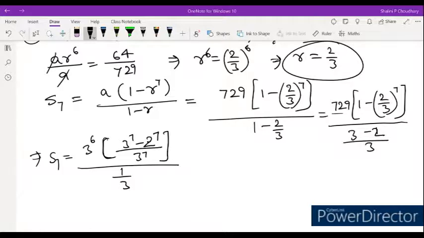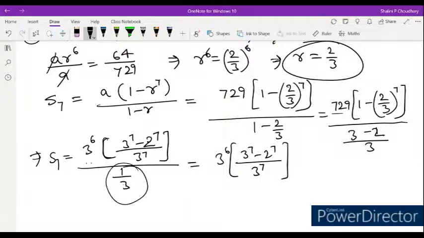So this 3 we can write in multiplication, like this: 3 to the power 6 into (3 to the power 7 minus 2 to the power 7) divided by 3 to the power 7, and this we can write as 3 upon 1, so 3.